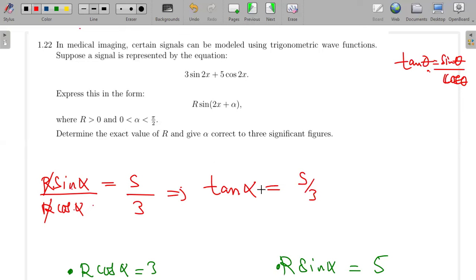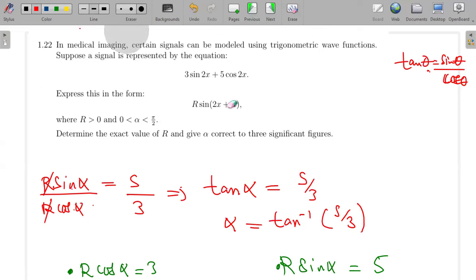So we're going to multiply both sides by the tan inverse. If I multiply by the tan inverse here, I just get alpha equals the tan inverse of 5 over 3. Make sure you put your calculators in radians, because here the angle, alpha, is between 0 and pi over 2, so this is radians.